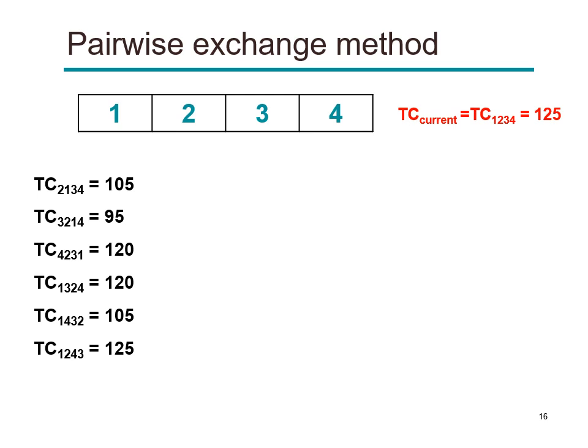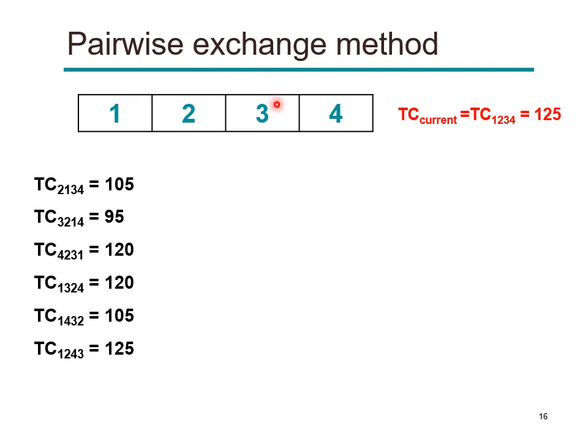Remember, we started with this initial layout 1, 2, 3, 4, and we calculated the total cost of this layout as 125. So this is our TC current layout, the objective function value of the current layout. Then we try exchanging 1 and 2, calculated in the previous slide as 105.